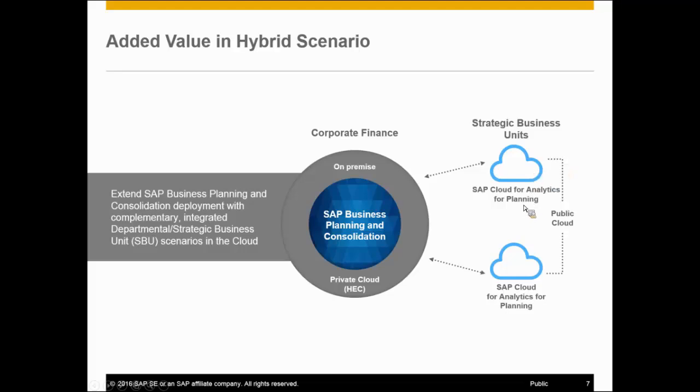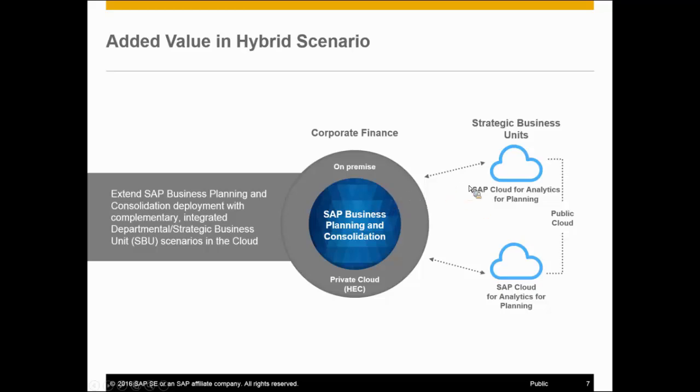You can create more products in your departmental planning. You can do your planning accordingly, and then pass those plan values back to BPC if you wish to. Okay, so that is the bidirectional integration that we are talking about.